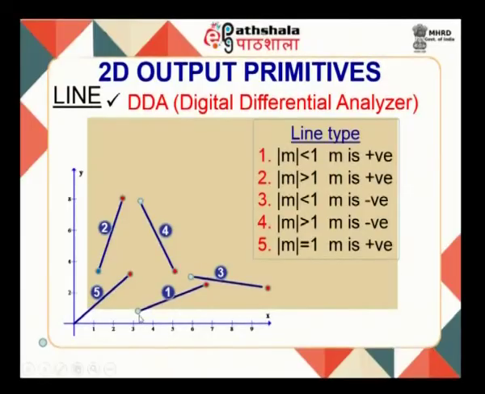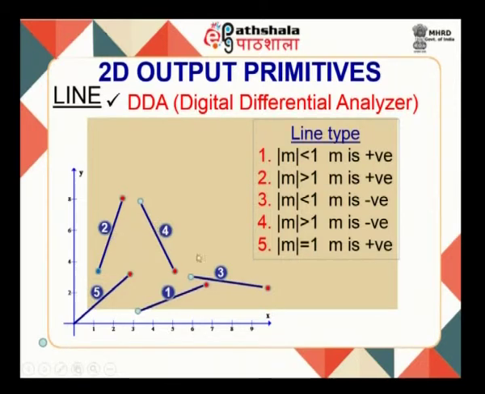When we move from the first point to the other end point, if the slope, that is dy by dx, is positive, as for line types 1 and 2, fine.